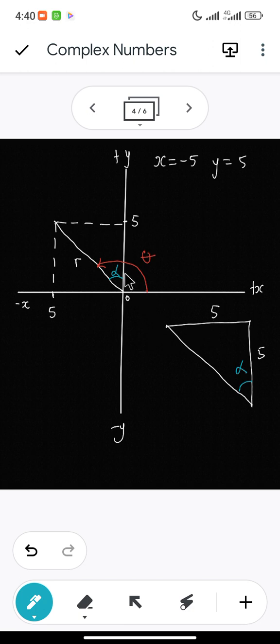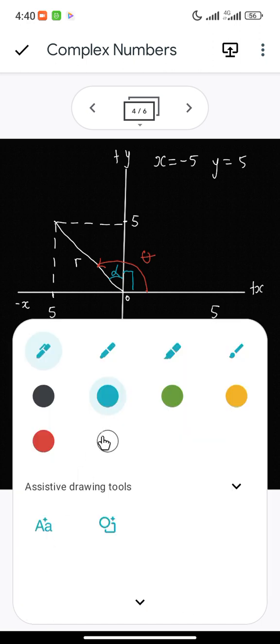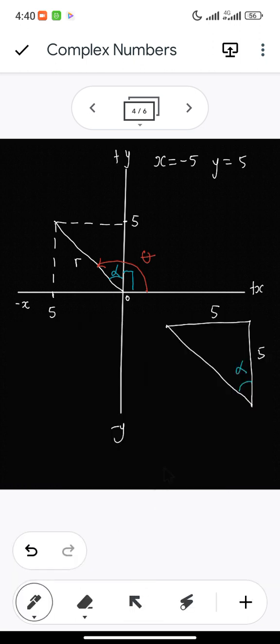Then we add it to 90 degrees, which is this remaining part. This is 90 degrees. So this is the reason why the diagrams are important sometimes in solving for polar forms of complex numbers.